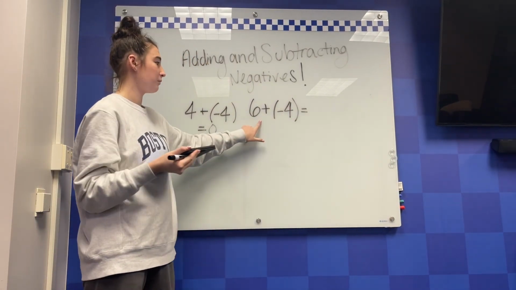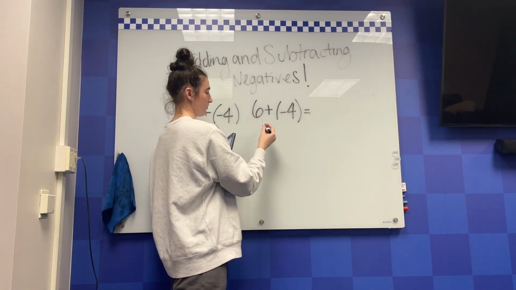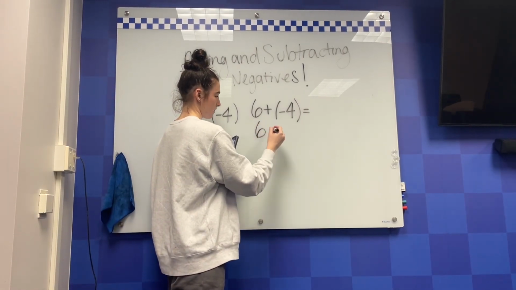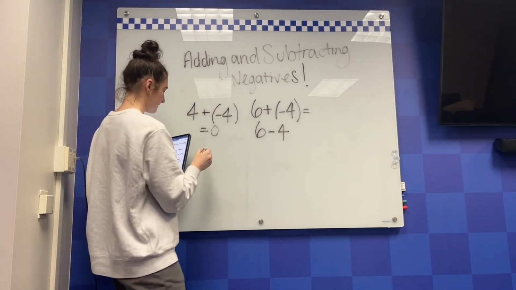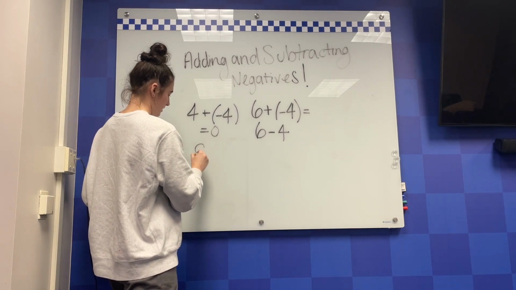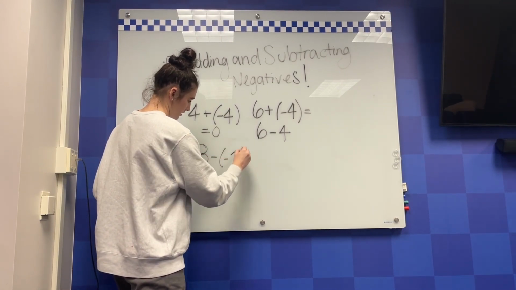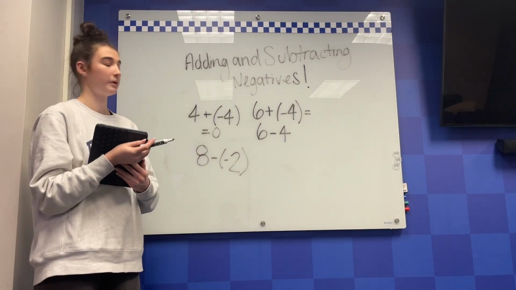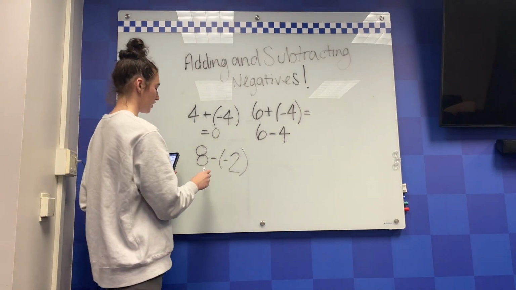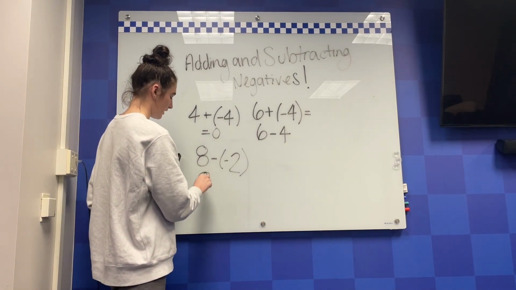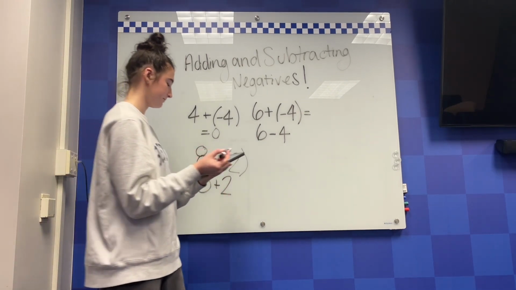Now let's try and change this just into our easier equation. So when we add, what was the rule for that? Right, it's subtracting. So what would our new equation be? Good. Okay, so the next one. What was our rule for when we subtract a negative number? It's addition. So our new equation would be, good.